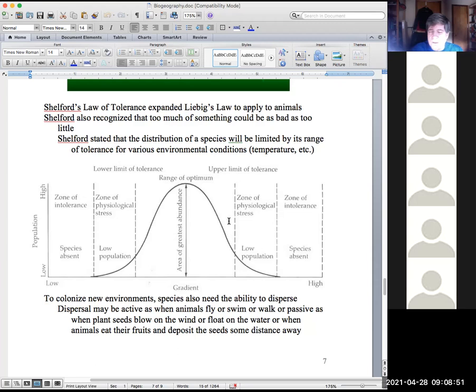So in the middle of the range, we have an area that's sometimes referred to as the optimal range. This is where conditions are very good for this population. This is where most of the population will be concentrated because conditions are very good. If we look at people, for instance, and you study the physiology of people, most people have something called a thermoneutral range.